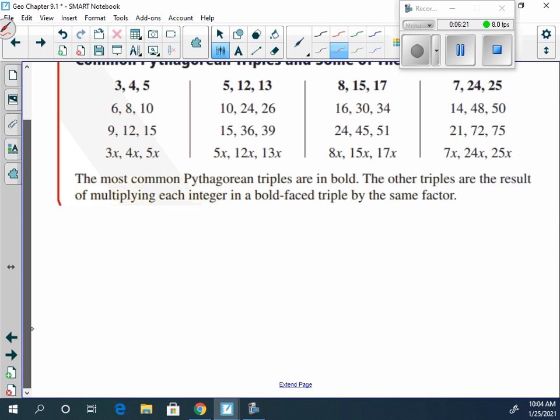And then Euclid, I think you probably heard his name, yes? Euclid, because that's what we're covering this entire year, is Euclidean geometry.